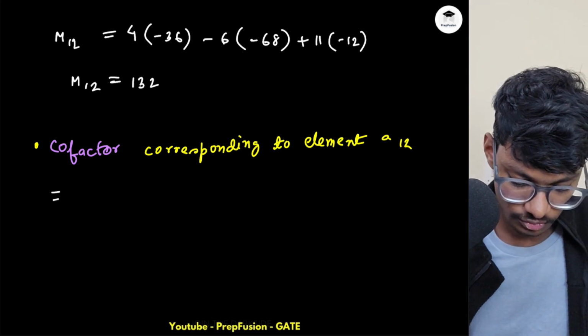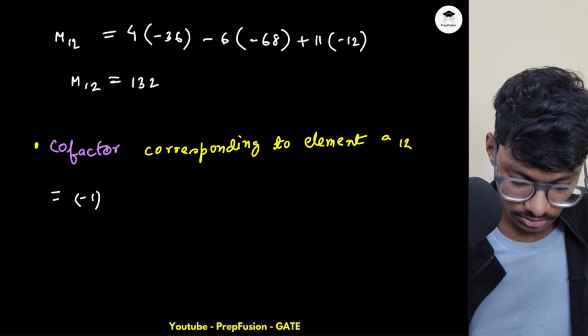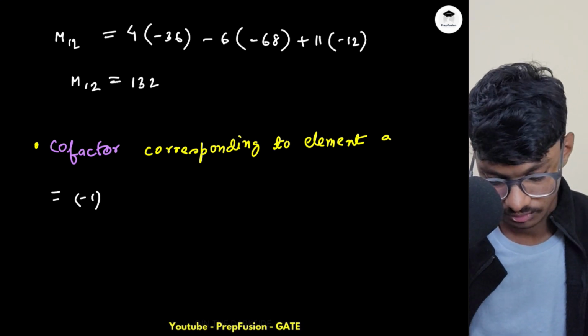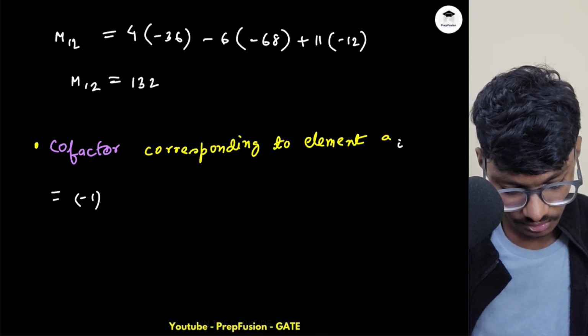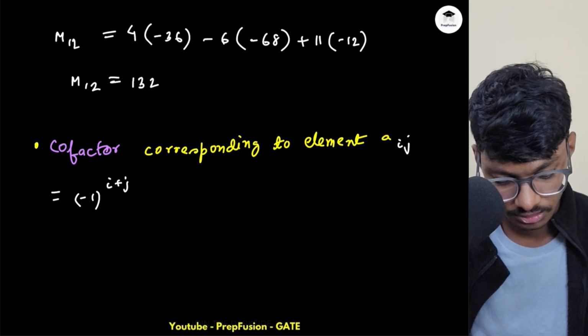So cofactor equals simply minus 1 to the power i plus j. Let me write the formal definition of cofactor: C i,j equals minus 1 to the power i plus j, where i and j are the row and column.